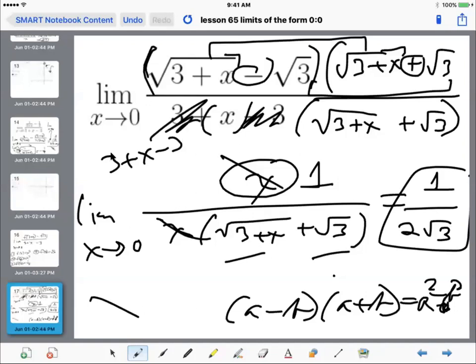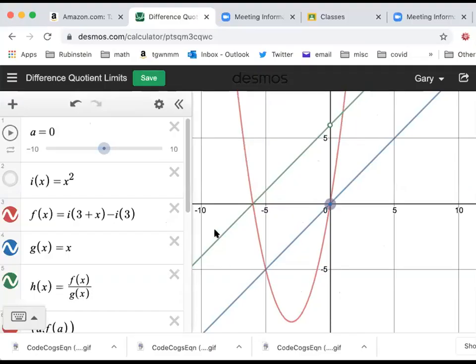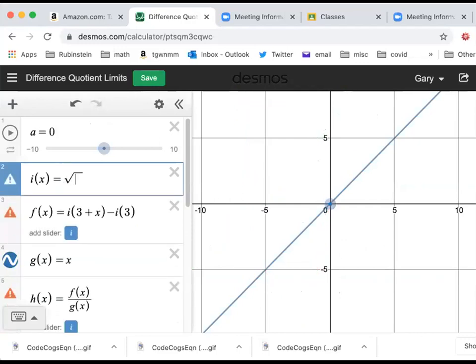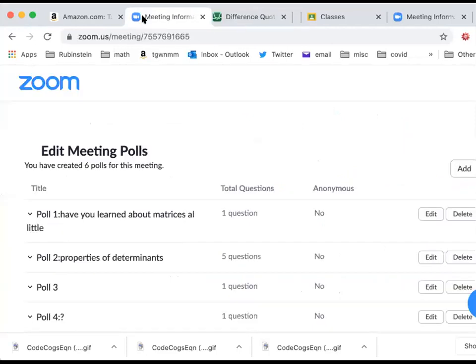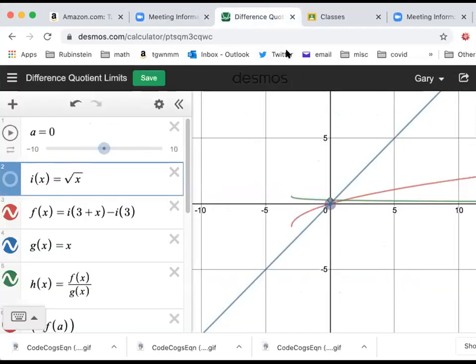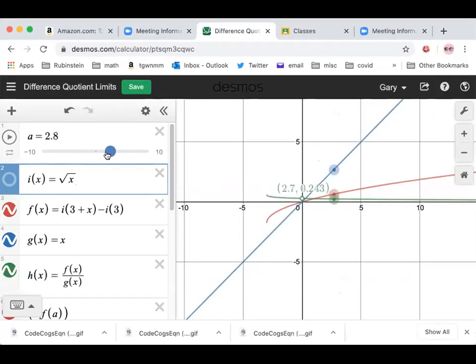I've shared this with you in the homework assignment. You could just change the base function, so if I change it to square root of x, you can see the red divided by the blue.